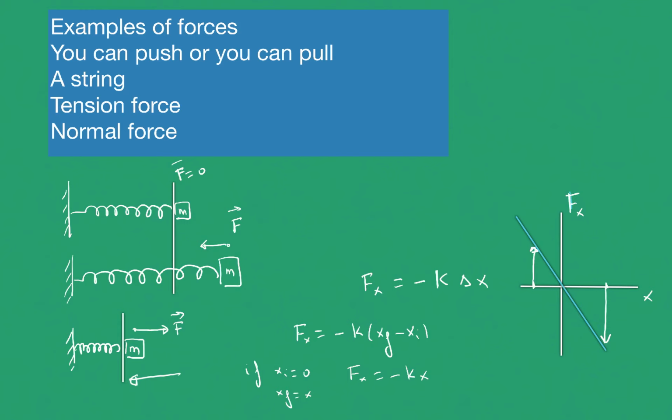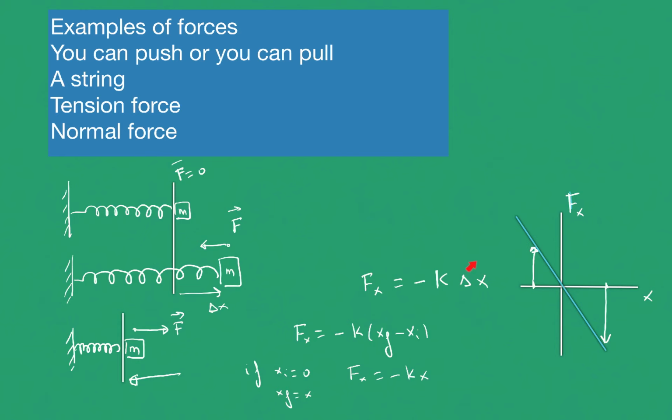To see it in another way, if we put the force as minus k times delta x, the force is proportional to the displacement in the negative direction. If the displacement is going to the right, like in this case, the force is going to the left. But if delta x is positive, the force will be negative.